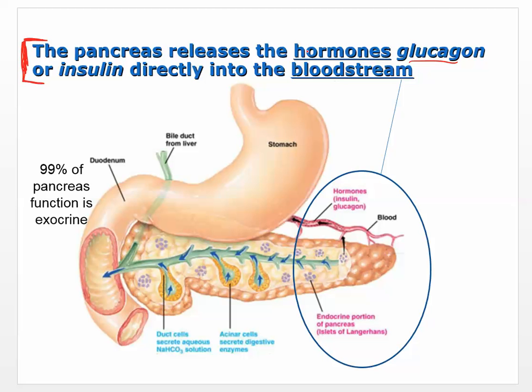So there are little islet cells in the pancreas, and these are called either pancreatic islets or the islets of Langerhans or pancreatic islets of Langerhans. But most of the pancreas is exocrine function, which means it's mostly digestive enzymes that are being released into the lumen of the small intestine.